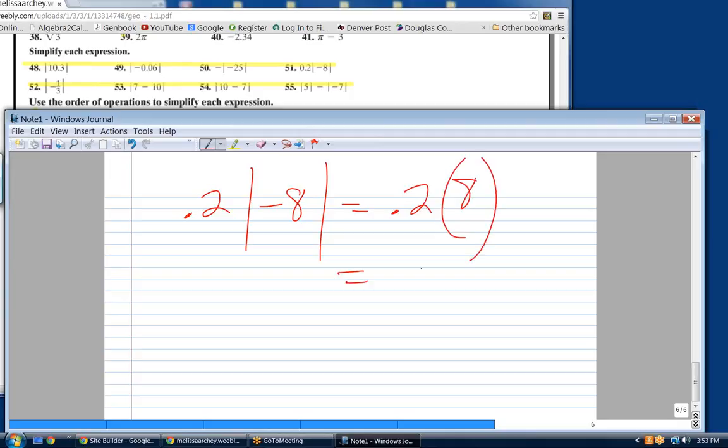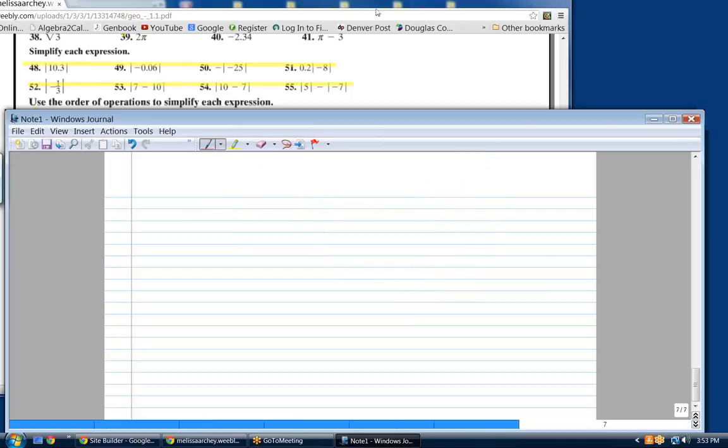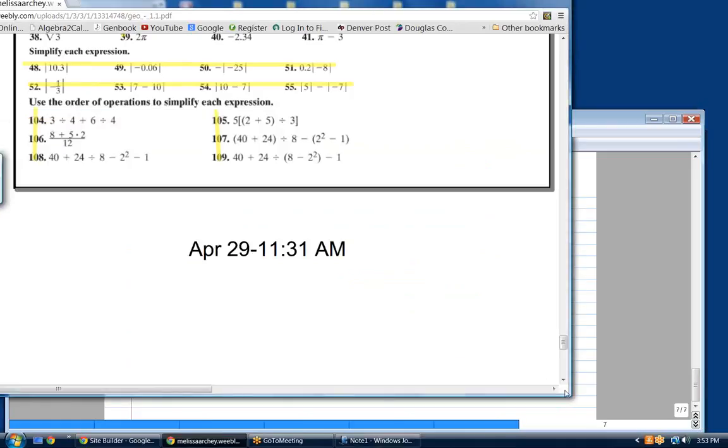What's that? 1.6. When you multiply 0.2 times 8, it has to be a 16 because 2 times 8 is 16. And the decimal point goes right there. So that's simplified. Let's go down and look at 52.